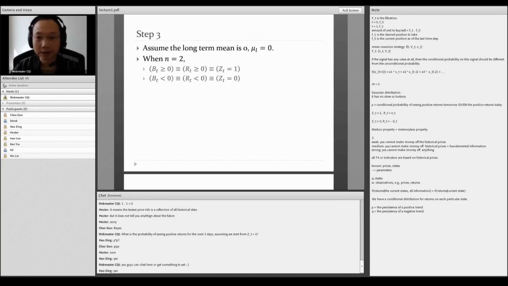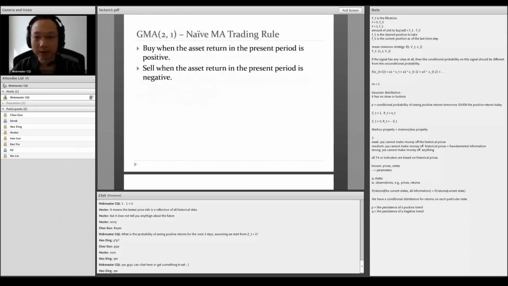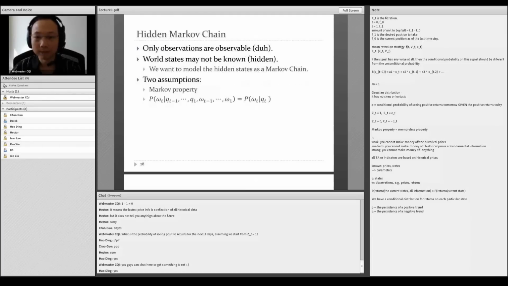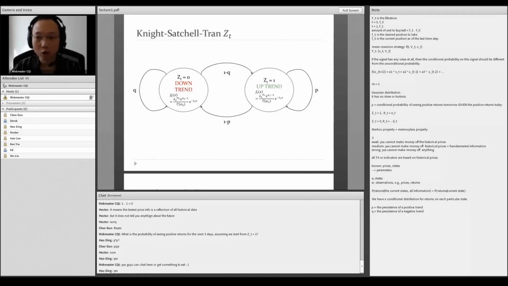So this probability can be rewritten as the probability of ZT equals 1 for T minus 1 time steps until it becomes 0. So it's the same as the probability of hold, and then at time T you sell.